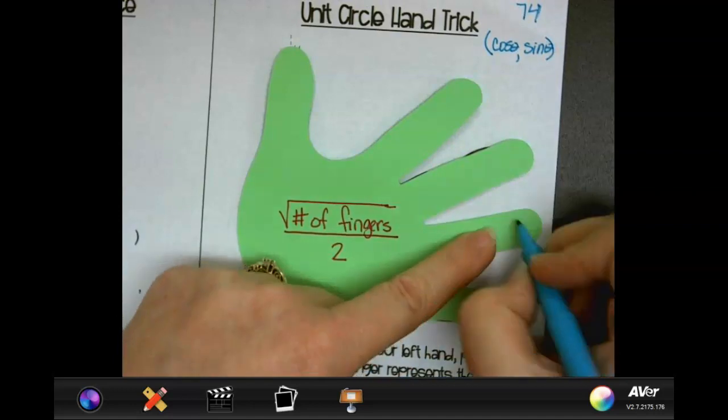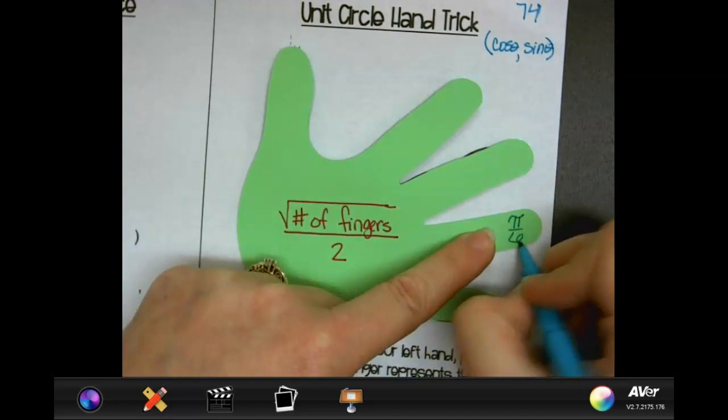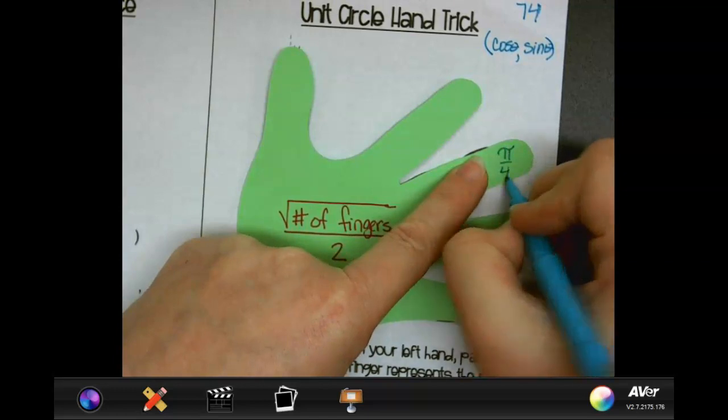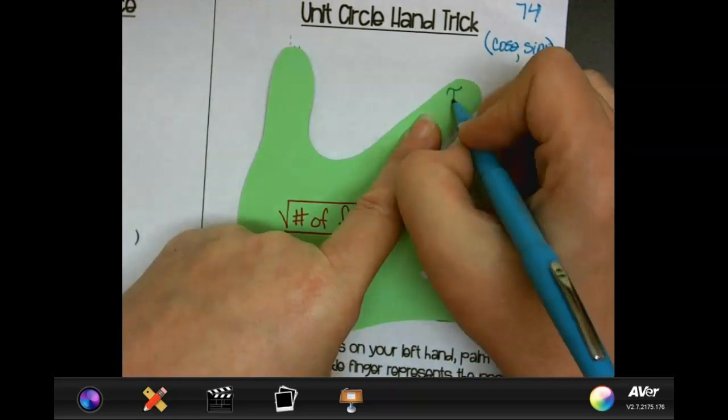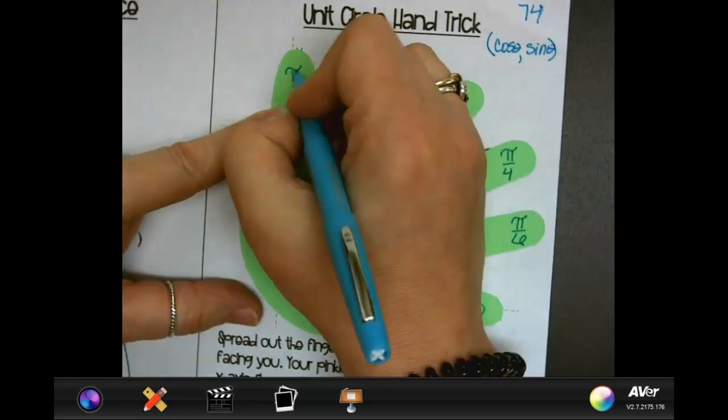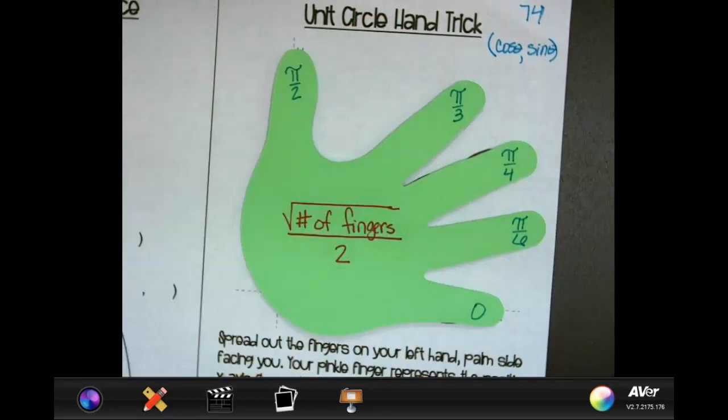Your ring finger is at pi sixths. Your middle finger is at pi fourths. Your index finger is at pi thirds. And your thumb is at pi halves. We are not going to debate whether a thumb is a finger for the purposes of our activity. A thumb is a finger. End of discussion.